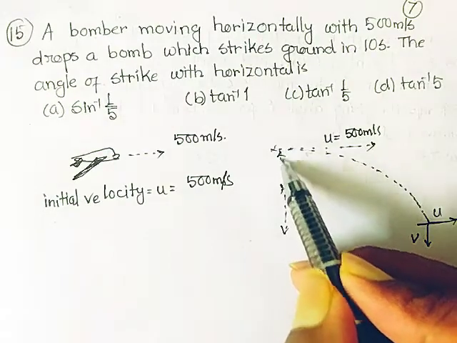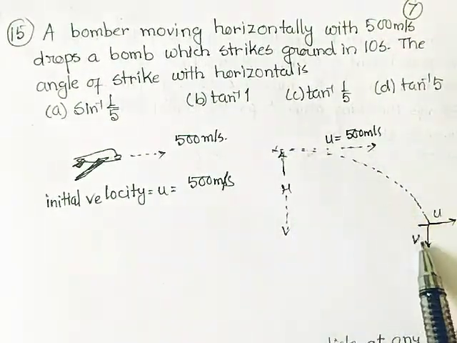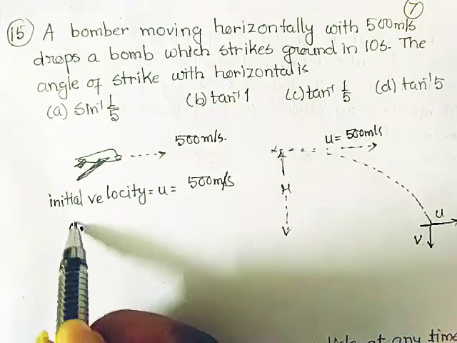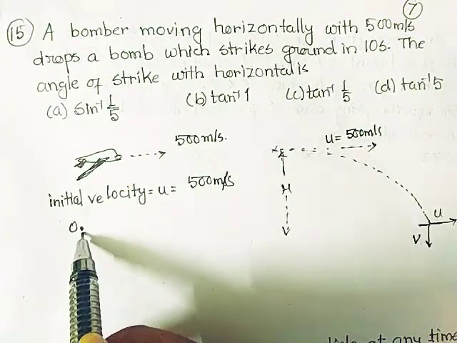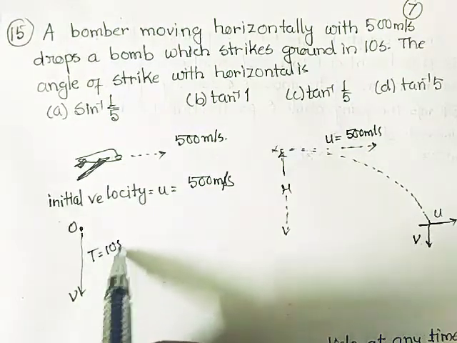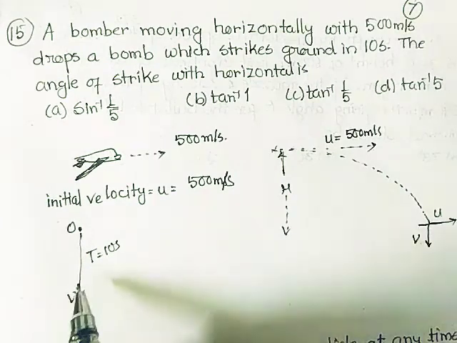At this point of throwing, the vertical velocity is 0. After it comes downward for the time 10 seconds, the velocity is v. If I analyze the vertical motion, the time is 10 seconds.